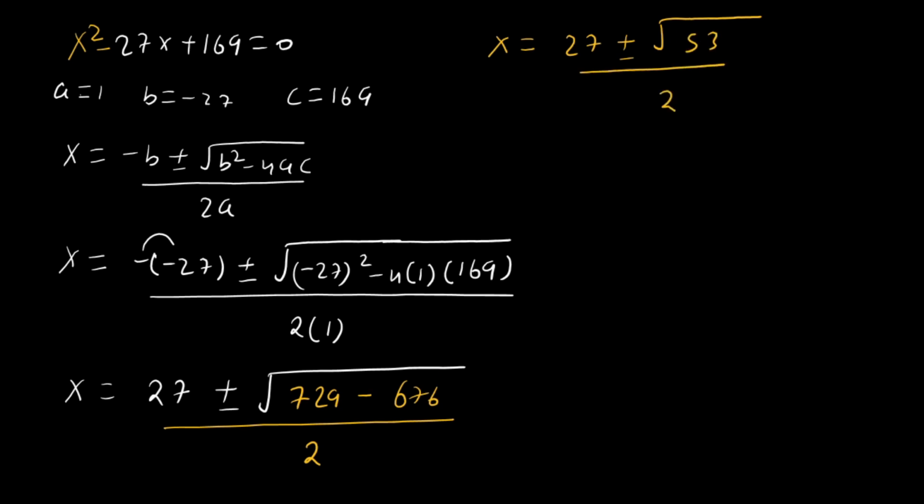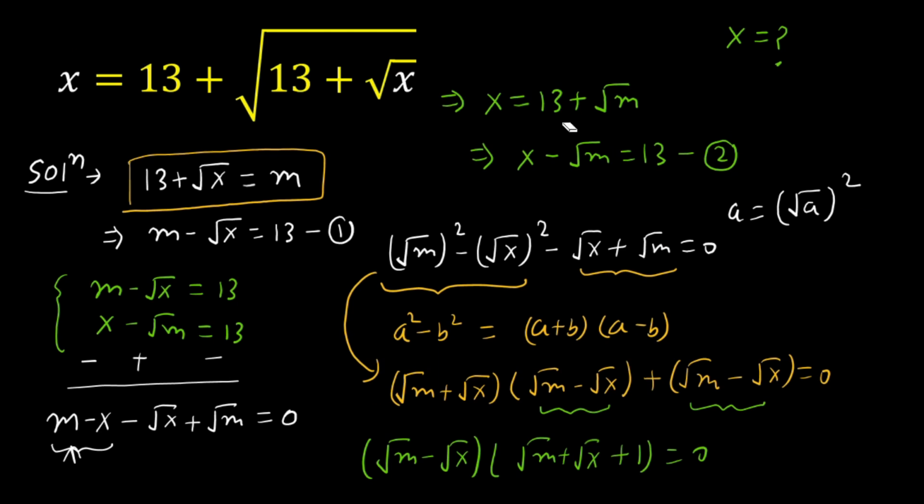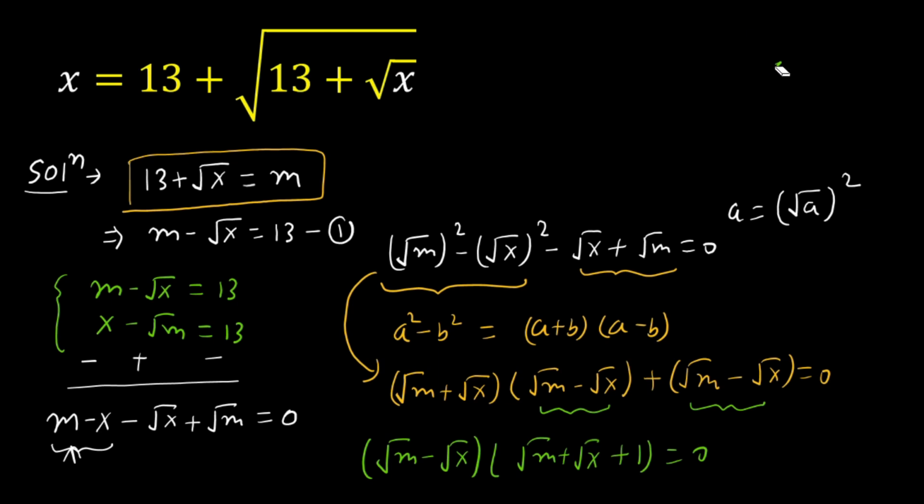Here we have two possible values of x: x is equal to 27 plus square root of 53 divided by 2, and the second value of x is equal to 27 minus square root of 53 divided by 2. But students, look carefully at the given equation. The given equation is x is equal to 13 plus square root of 13 plus square root of x.